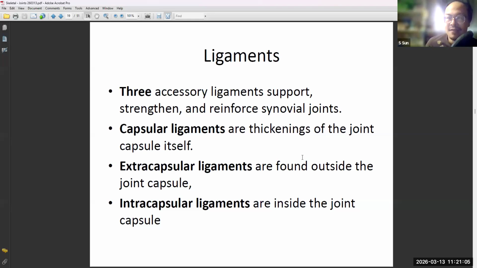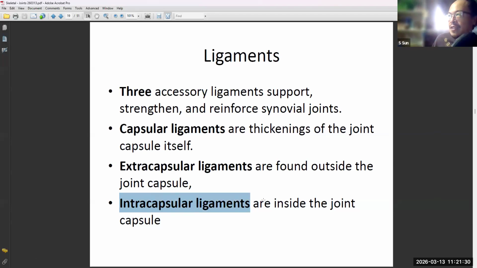The third type is part of the capsule. So there are three types. Part of the capsule is called capsular ligament. Entirely outside is called extracapsular ligament. And the inside of the capsule, inside of this cavity, is called intracapsular ligament.